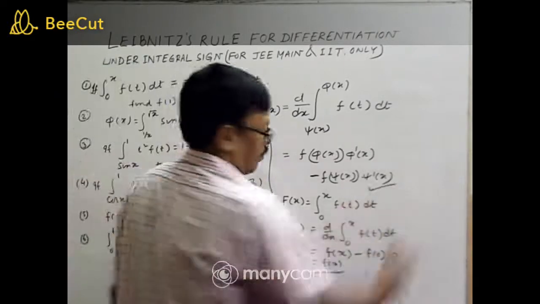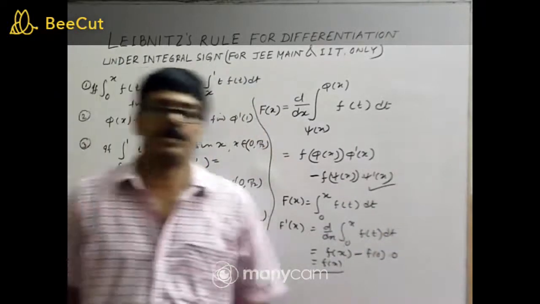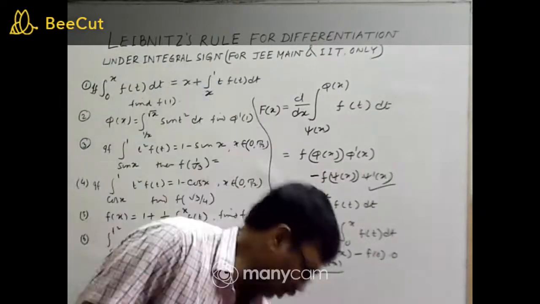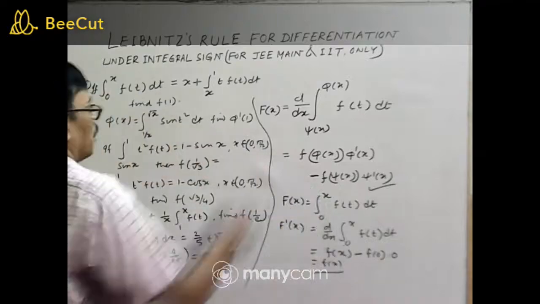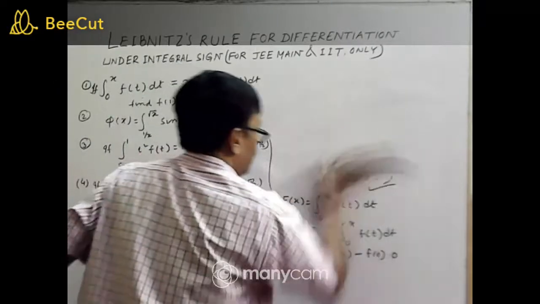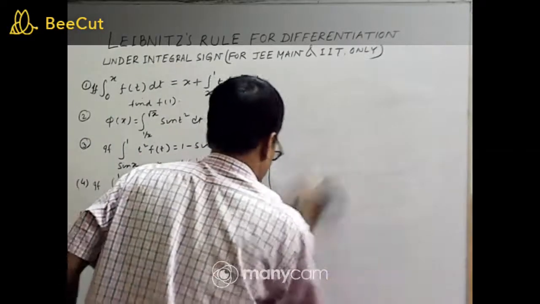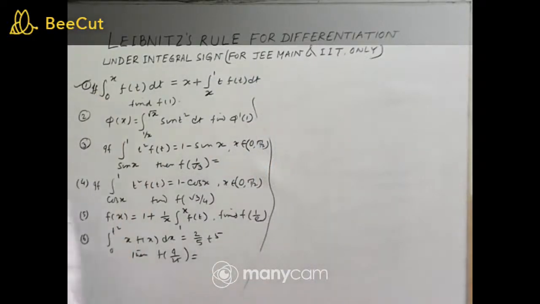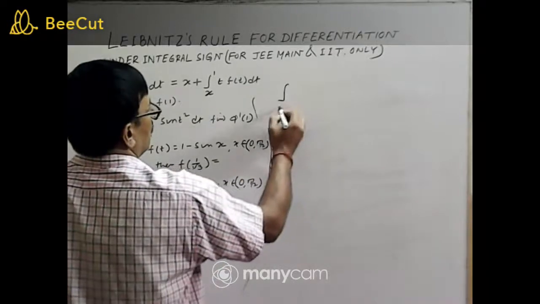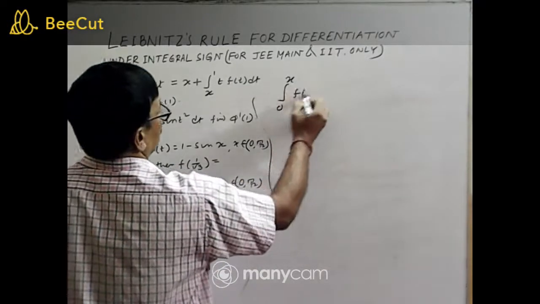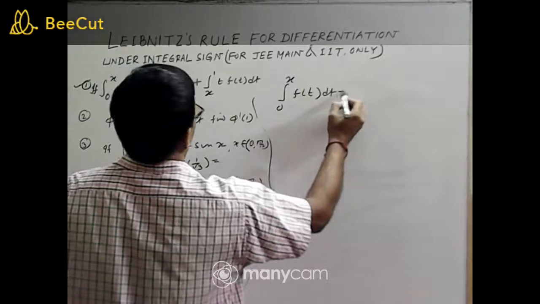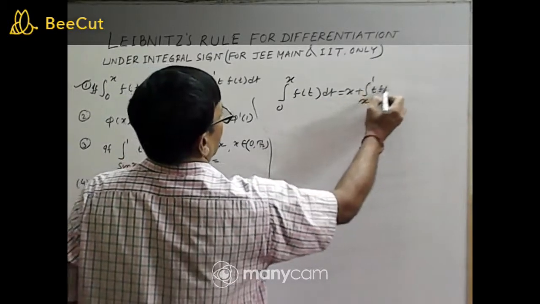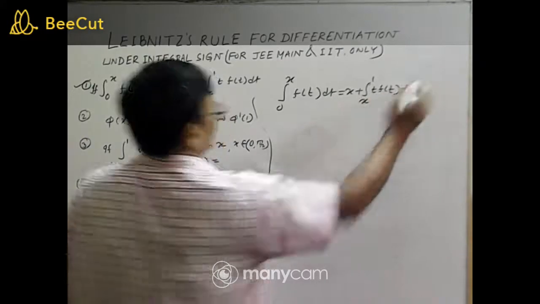Now, we apply this theorem to some problems. These are basic problems. Problem number 1: the integral from 0 to x of f(t) dt equals x plus the integral from x to 1 of t f(t) dt.